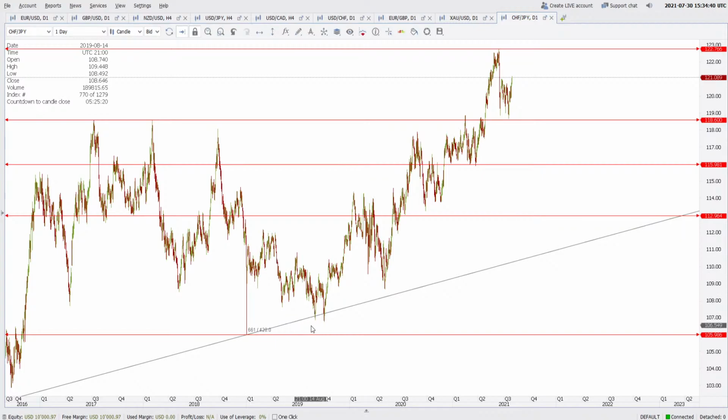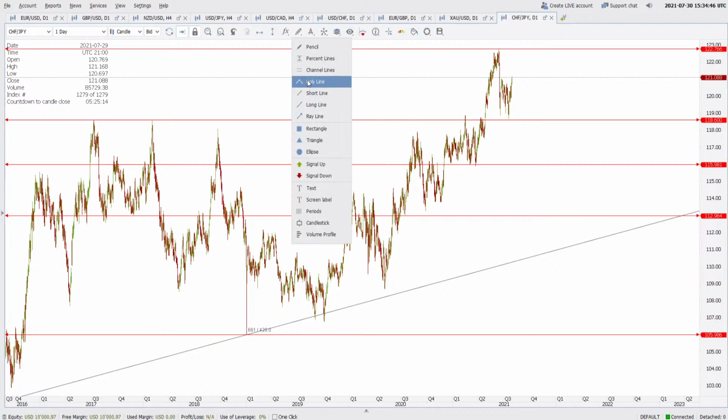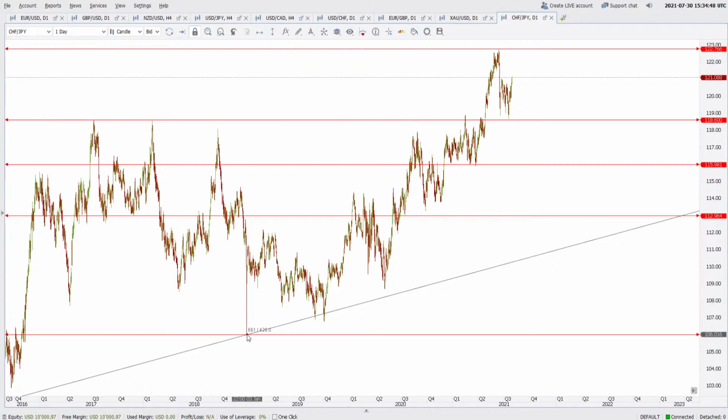In fact, the price made almost the same level of high and then made a low here and then a high here. So you can say the structure of the market was this. Okay, it then made a low here, then it made a high here.